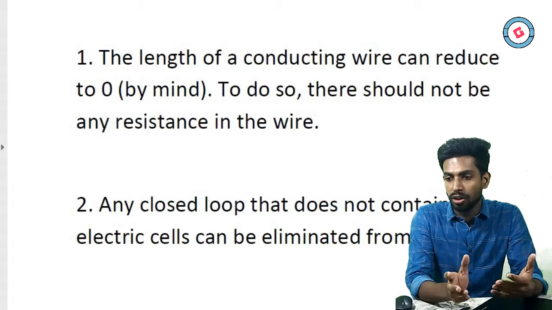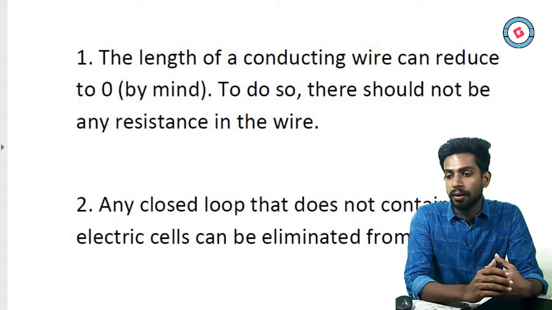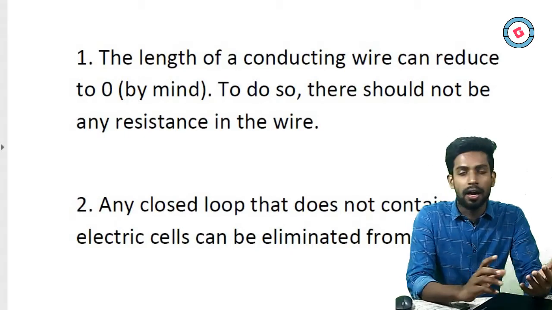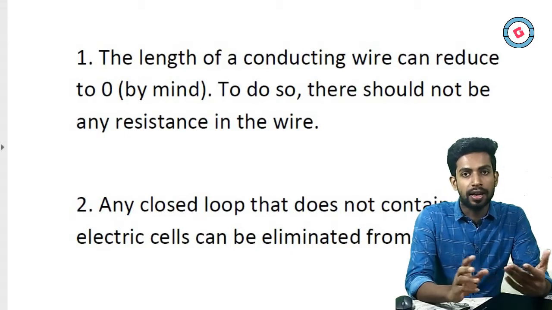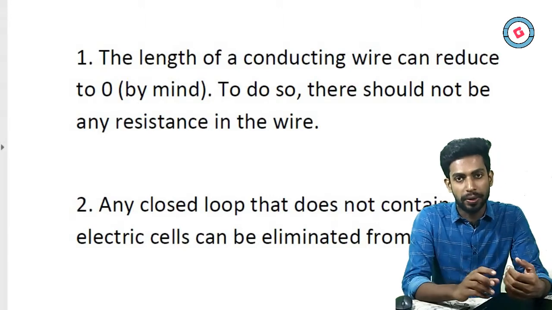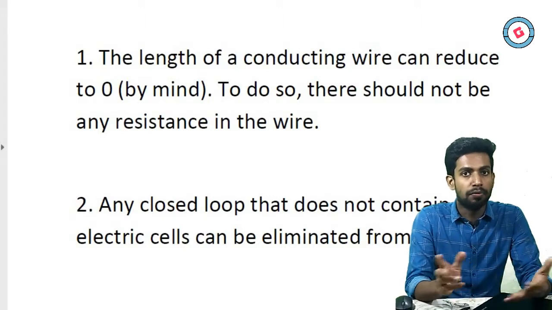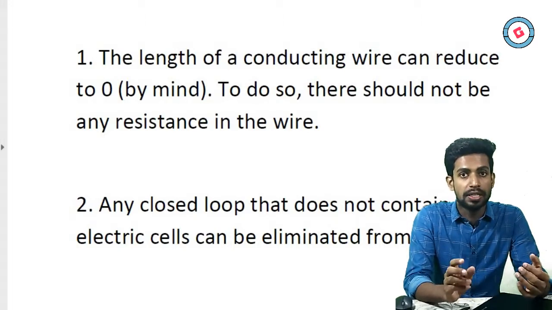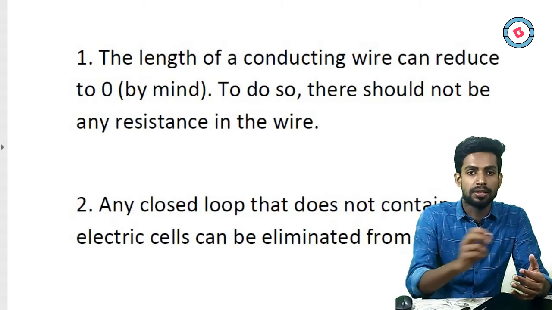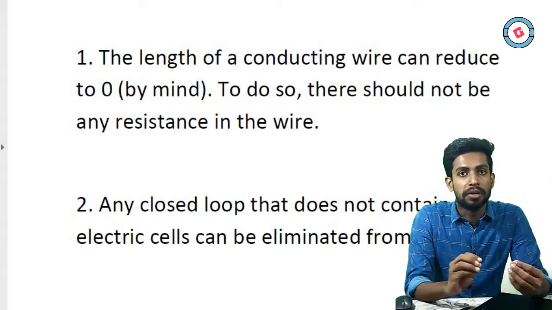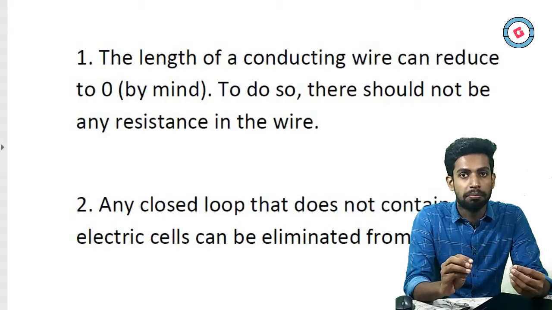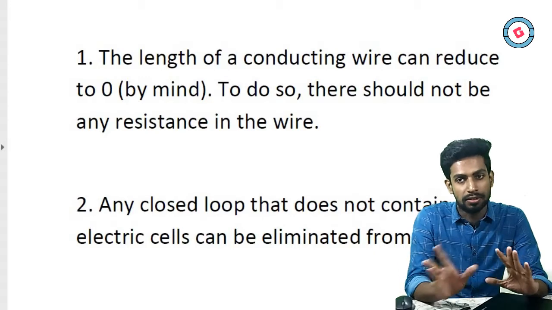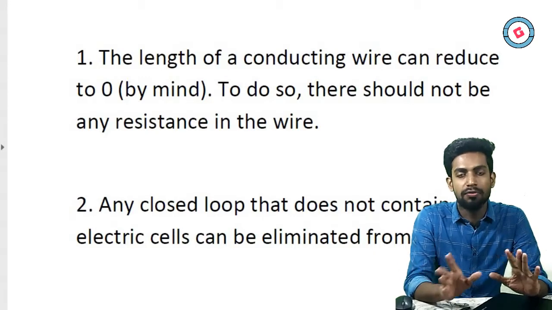To do so, there should not be any resistance in the wire. This theory says if any wire does not have any resistance, and by default we do not consider the resistance of a conducting wire, unless the question has especially given the resistance per unit length of the wire, then there exists a resistance, and this theory is not valid for them.